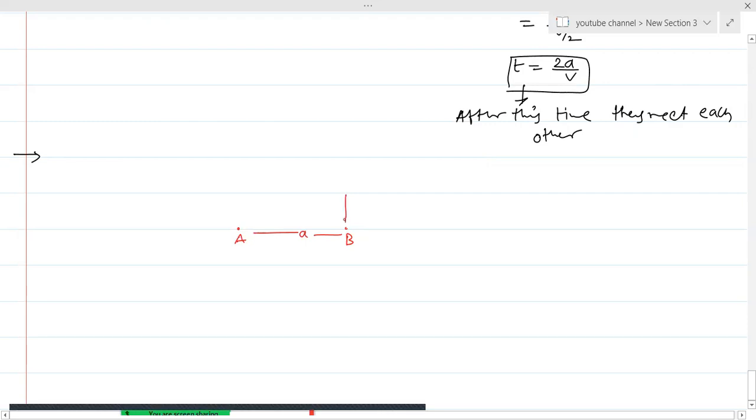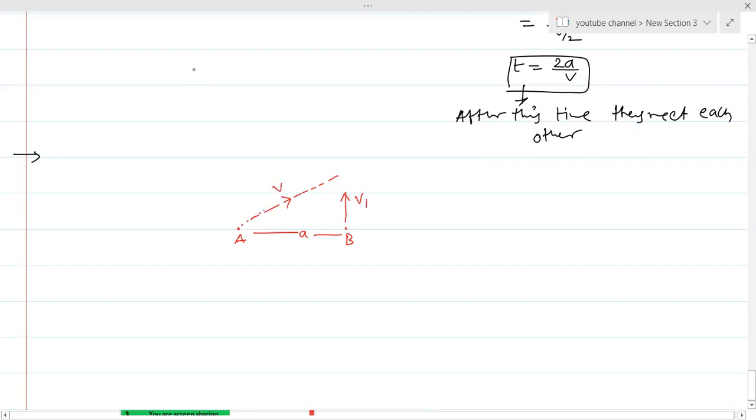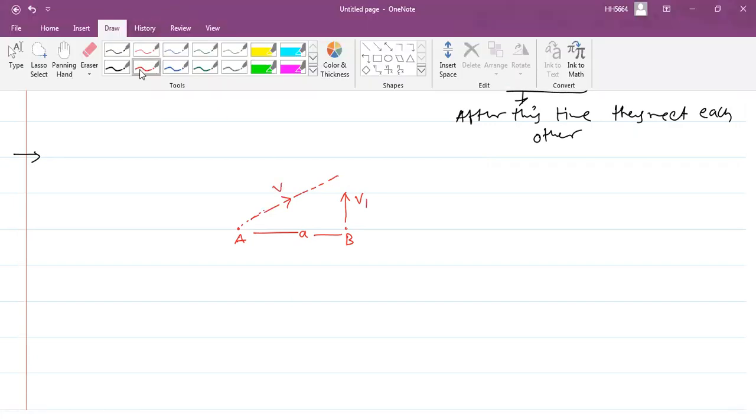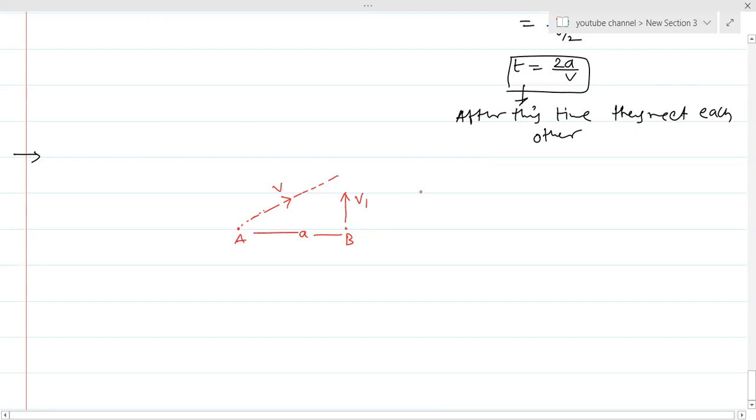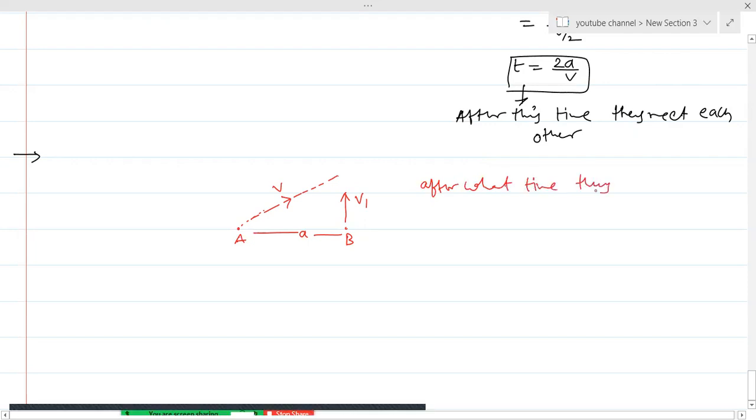B is moving with a speed v1 and A is trying to meet B, so A is moving with the speed v. Now after what time do they meet each other?